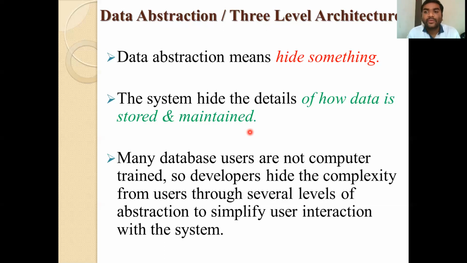Why do they hide the complexity? Because the user can simply interact with the system. User and system interaction will be made easily. That's why database developers hide the complexity from the user.